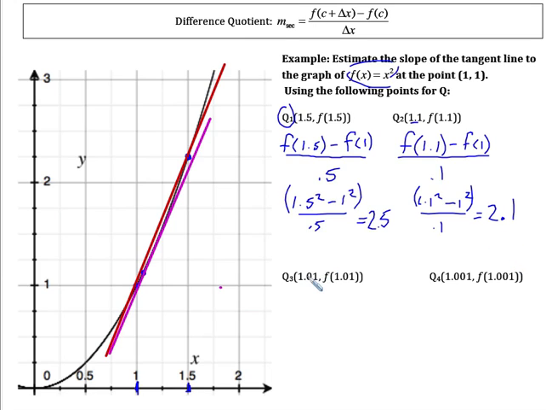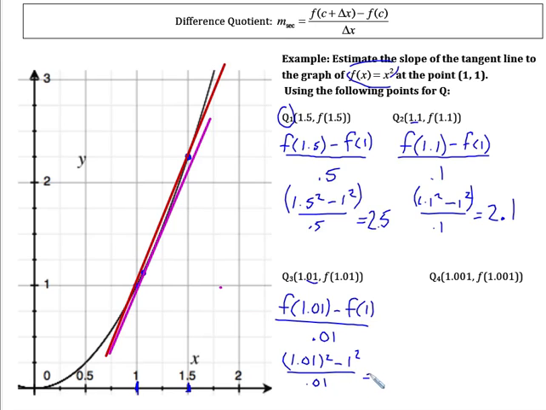Now we're just going to keep doing this process where we're going to get closer and closer to our point C. So now we're only 0.01 away. So we're going to do f of 1.01 minus f of 1. So that's our difference in y's over delta x. And now we're 0.01 away. So we have 1.01 squared minus 1 squared over 0.01.